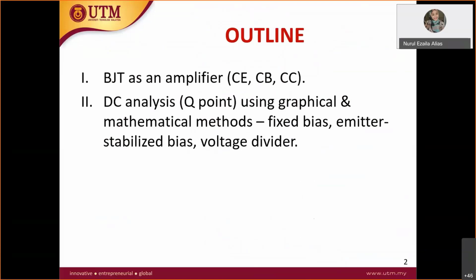BJT has 3 circuit configurations. One is fixed bias, the second is emitter stabilized bias, and the third is voltage divider. I'm going to show you all types of circuit and also examples for each type.